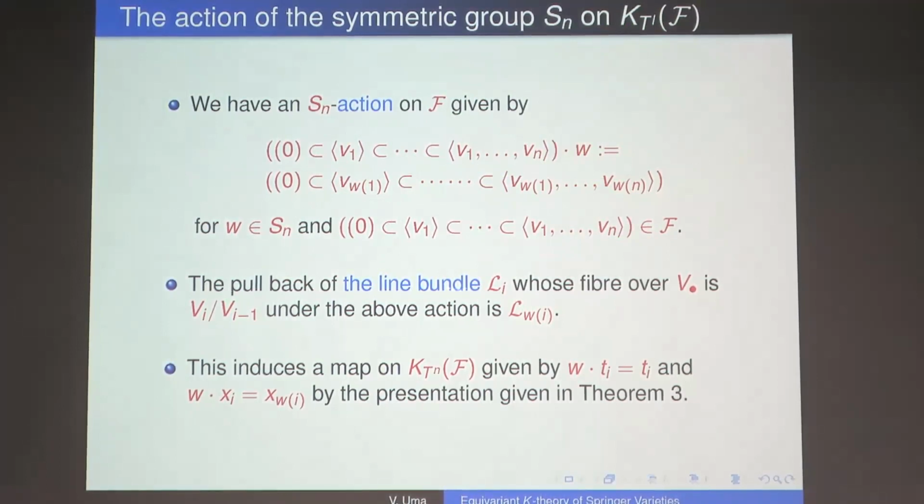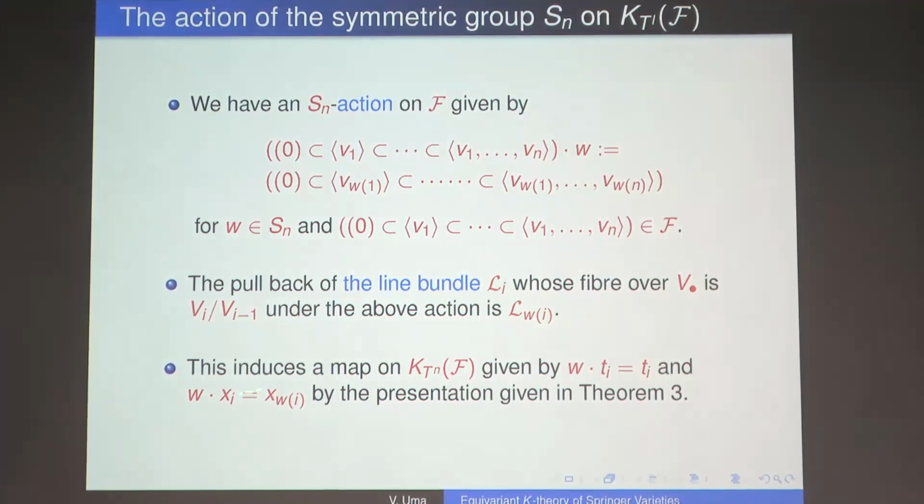The pullback of the line bundle Li, we have already defined these tautological line bundles. It just takes this Li, which are the generators, to LWI. So these line bundles map to the permuted line bundle.